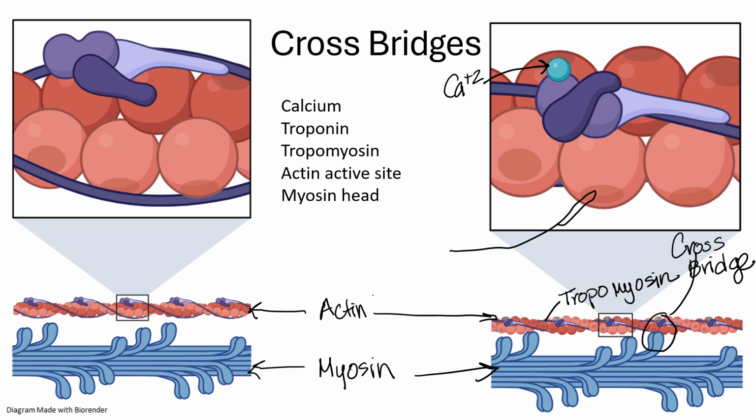So not only do these two pictures here illustrate what a cross bridge is, the attachment of a myosin head to an actin active site, these pictures also show us a comparison of a relaxed muscle on the left and a contracted muscle on the right.